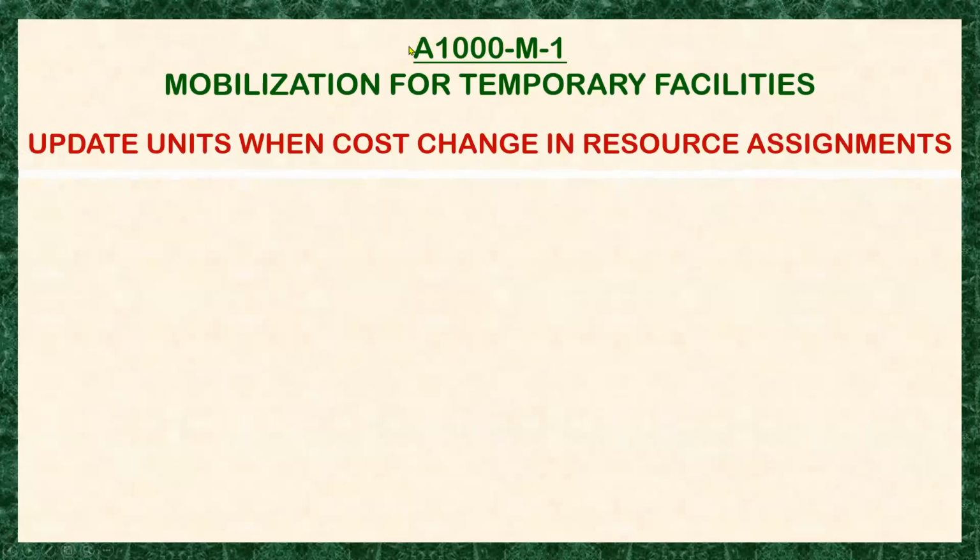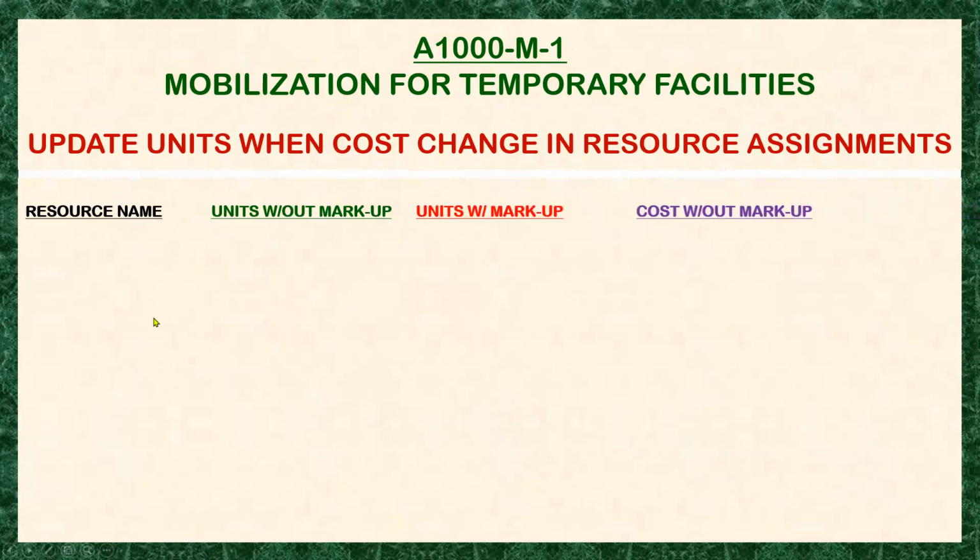This is the activity A100M1, the mobilization for temporary facilities, which we have just seen in Primavera P6, so we just enlarged it. The purpose of this one is to update units when cost changes in resource assignments. I will show you that later.